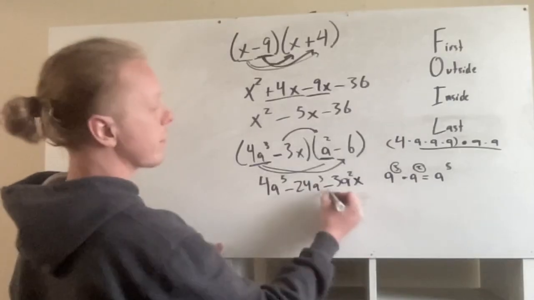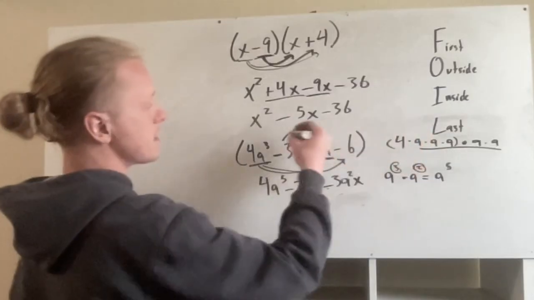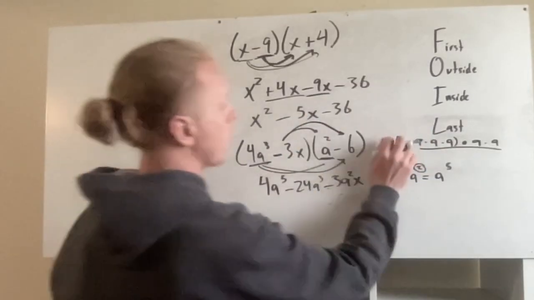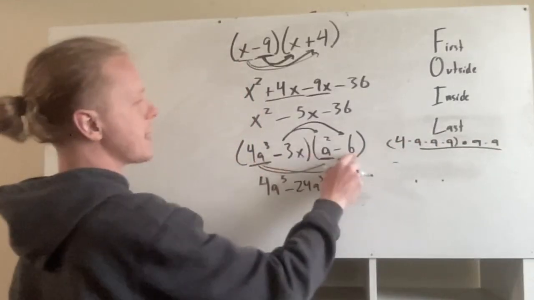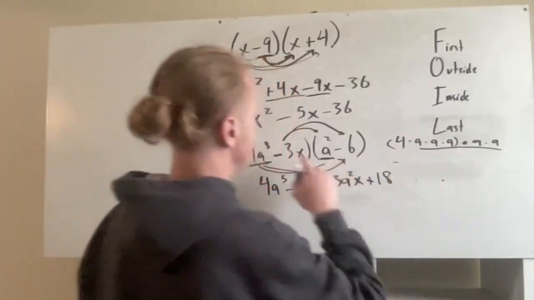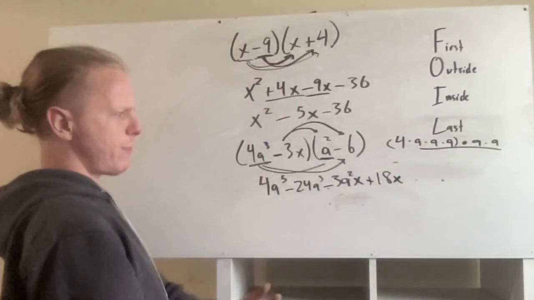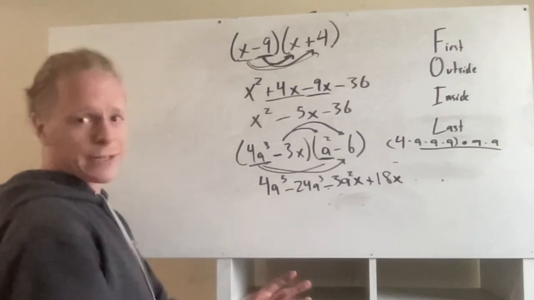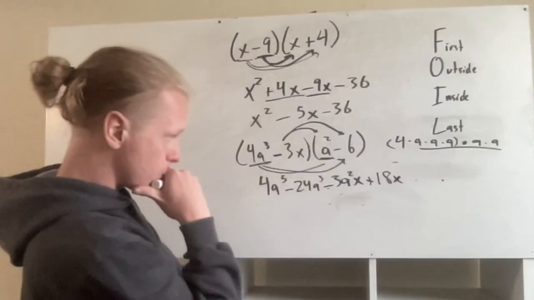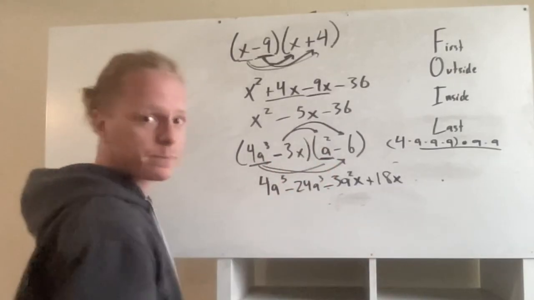Okay, so we're going to write minus 3a squared x. And then last, negative 3x times negative 6. Well, negative 3 times negative 6, that's a positive 18, plus 18x. Okay, what's our last thing we should look for? Do we have any like terms to combine? No, right? So in this case, we're done.